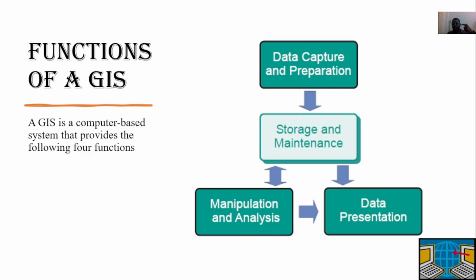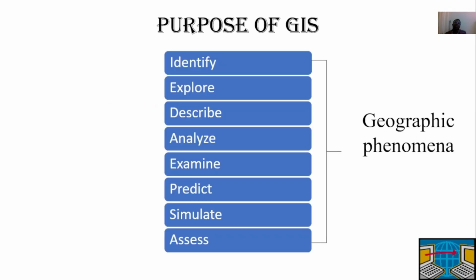Then you store that data, you maintain that data, then manipulation and analysis. Straightforward, it can lead to data presentation. Therefore, GIS is mainly used for these four things: data capturing, data storage, data analysis, and data presentation.